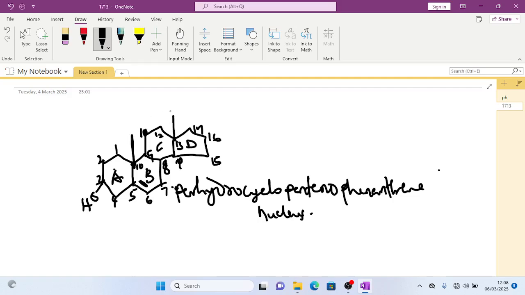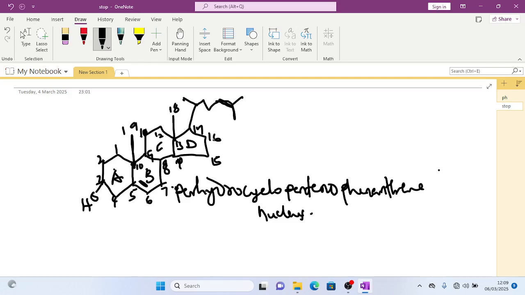This methyl group makes our carbon 18, while this methyl group makes our carbon 19. And then we have this fused isoprenoid side chain on carbon 17. This is the primary structure of cholesterol.